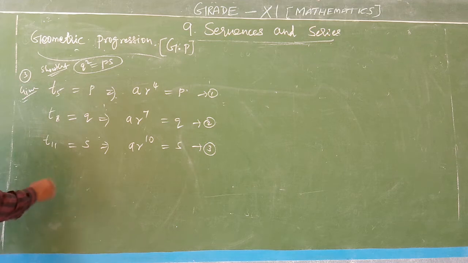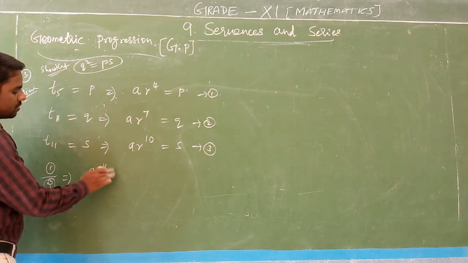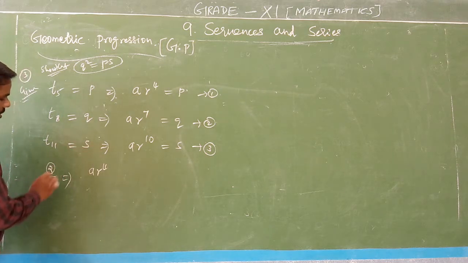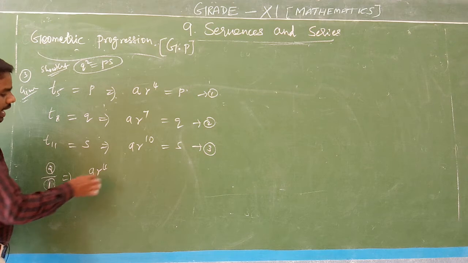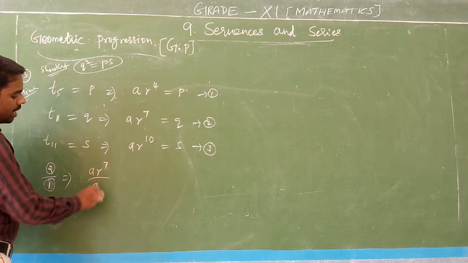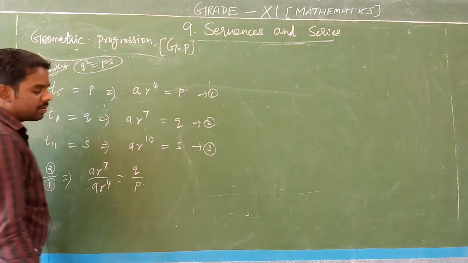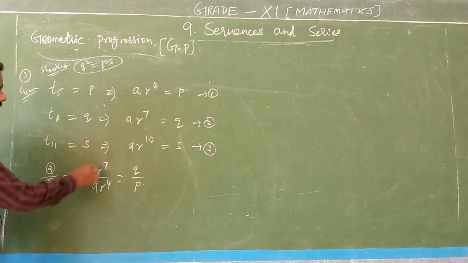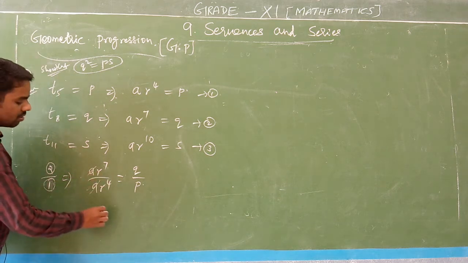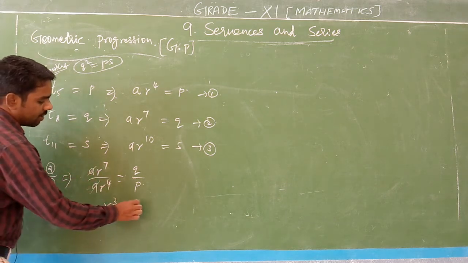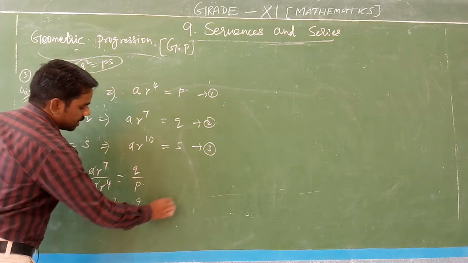Equation 2 divided by equation 1: a r power 7 divided by a r power 4 equals Q by P. Simplify: a cancels, r power 7 divided by r power 4 is r power 3, equal to Q by P. This is equation number 4.